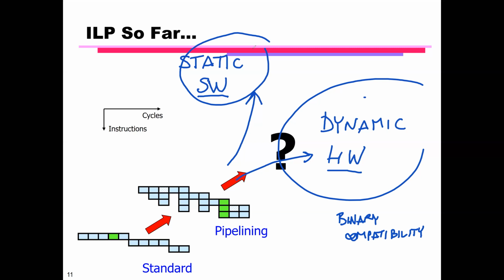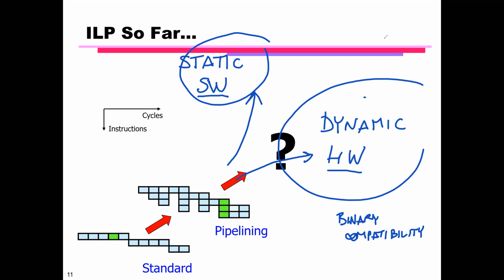The more I change, improve, modify my processor, when I change my processor, my code is not going to work anymore if I don't recompile. Achieving binary compatibility is extremely important from a commercial standpoint, right? You have your PC, you have a bunch of software that you have been purchasing, and at some point, or developing even more, and at some point you decide to change and upgrade your hardware to a new processor, and you want everything to continue to work.